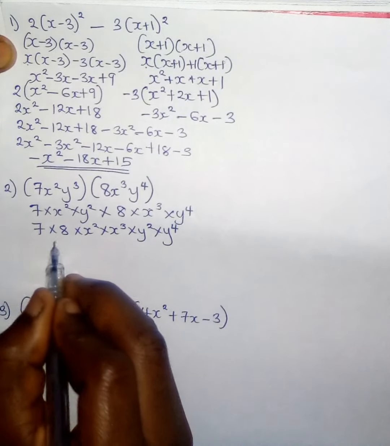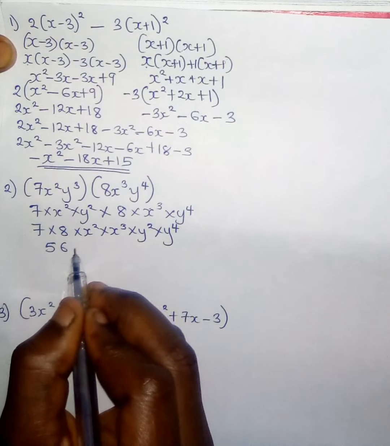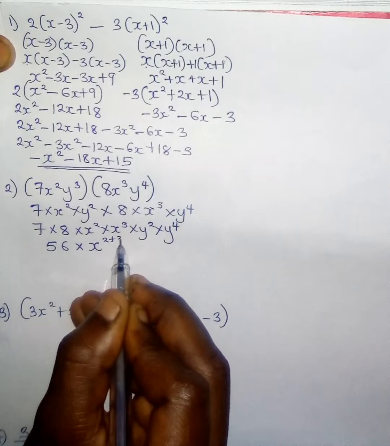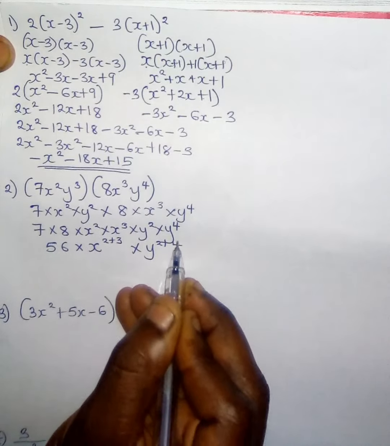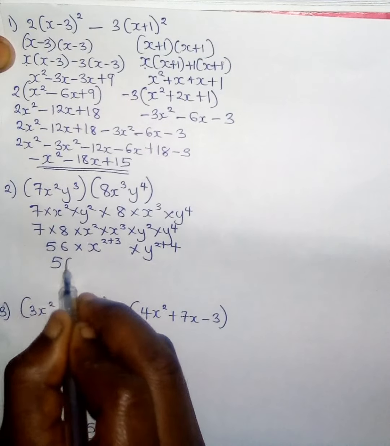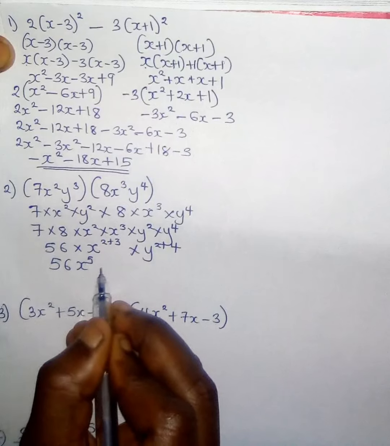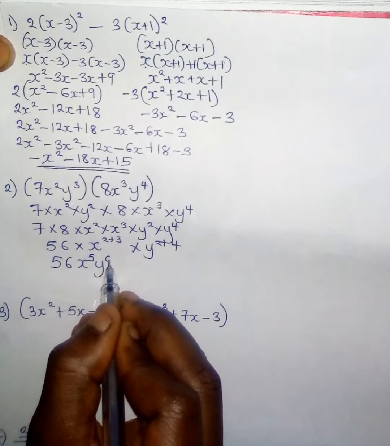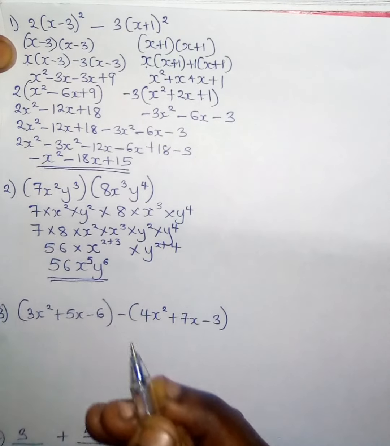Now 7 times 8 is 56. x squared times x cubed simply means x raised to the power 2 plus 3, times y raised to the power 2 plus 4. So we have 56. 2 plus 3 is 5, so x will be raised to the power 5. 2 plus 4 is 6, so we have y raised to the power 6, and that is the answer.